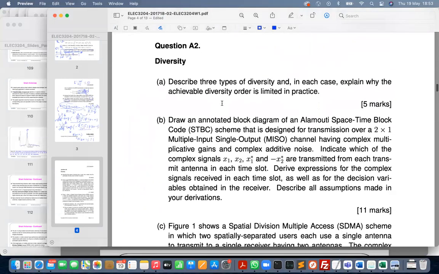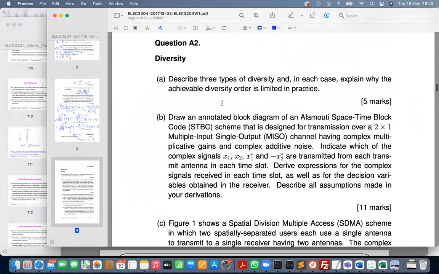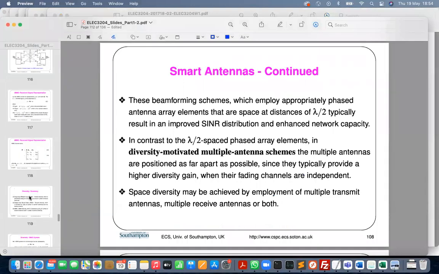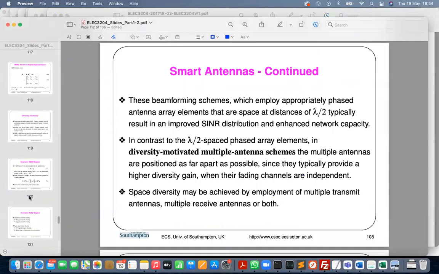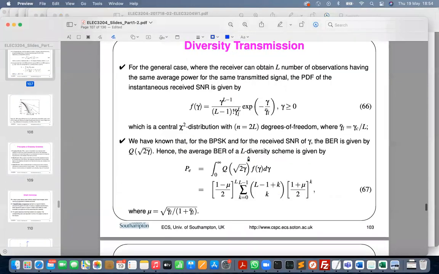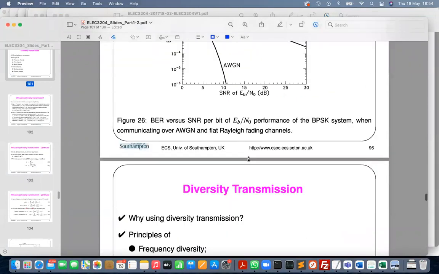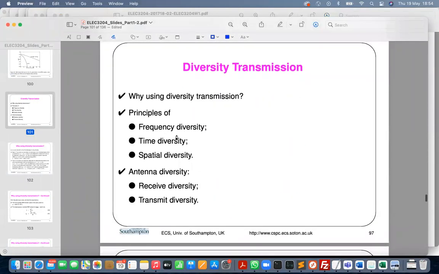Okay, so the second question describes 3 types of diversity, and in each case explain why the achievable diversity order is limited. This is from slides page 97, I think. You can achieve diversity in different domains.